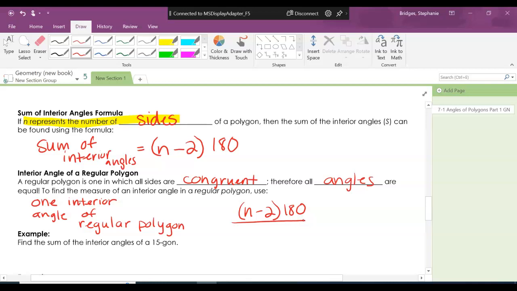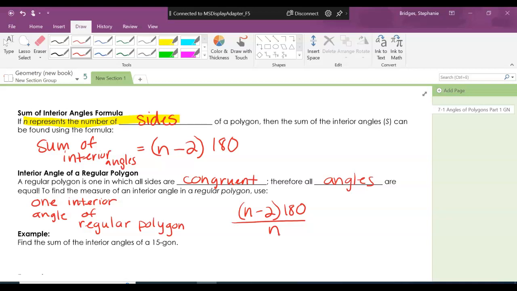But that just gives me all of them together. So to find out what one of them is, I'm going to take that number and divide it by n, the number of sides. Think about this. If I have a quadrilateral, how many sides do I have? How many angles do I have?